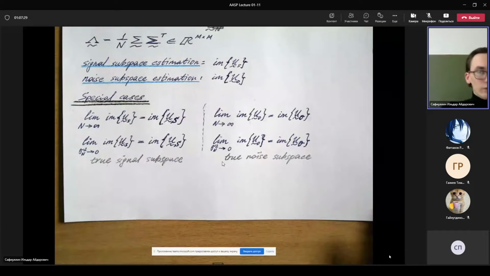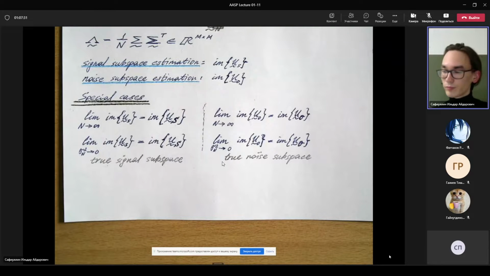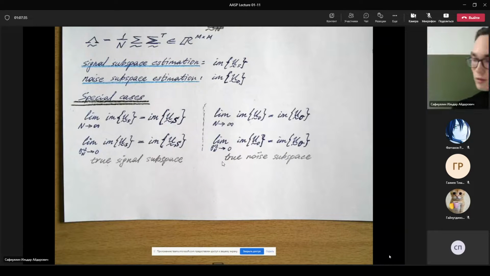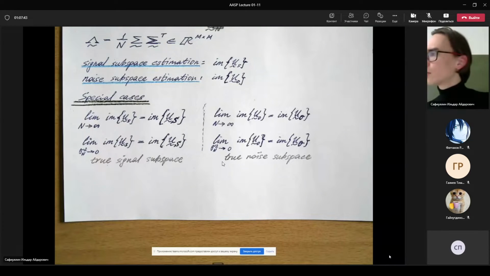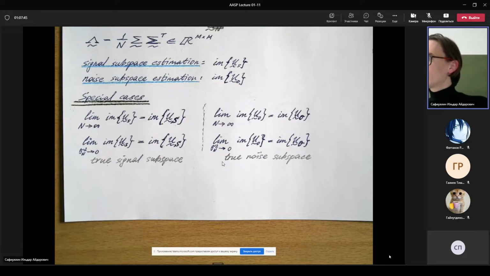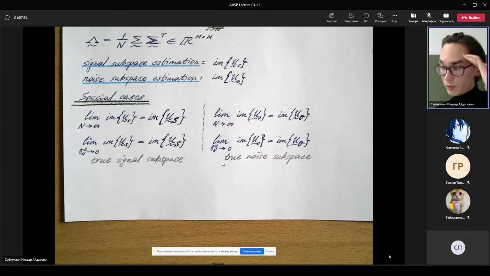So I forgot about these differences between estimation and true subspaces. And also we add all these changes in the previous subparagraph only to see the differences when we talk about estimation and when we talk about true subspace.